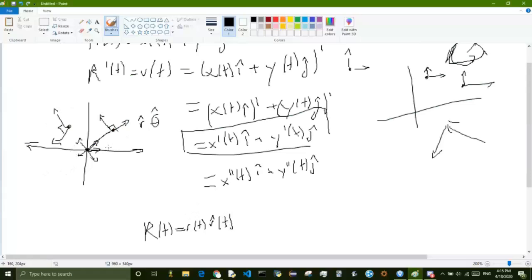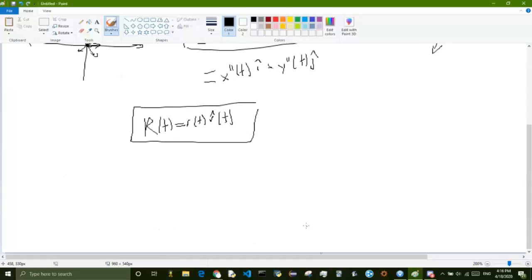So this is what you have for a position vector. All this is saying is go along the radial direction a distance equal to the radius, and this will describe every point on the grid. This is what the position vector is, right?